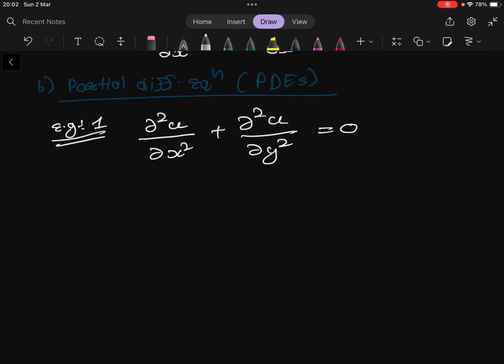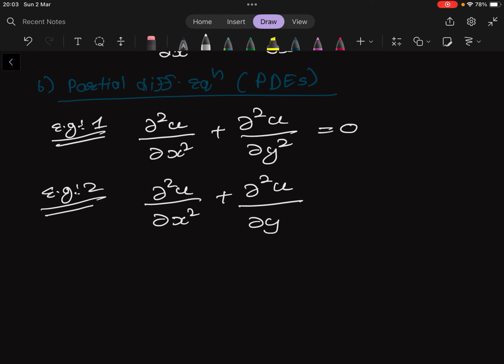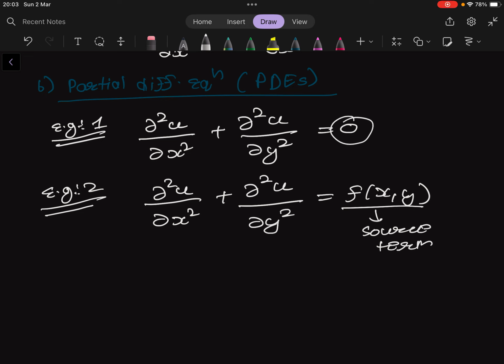And the second example, we can say, dou square u by dou x square plus dou square u by dou y square equal to a function of x and y. So we can say it's a source term basically, and here it's a known source term.